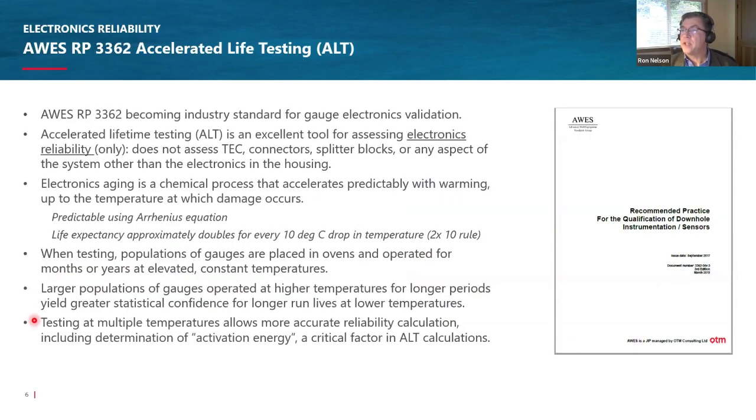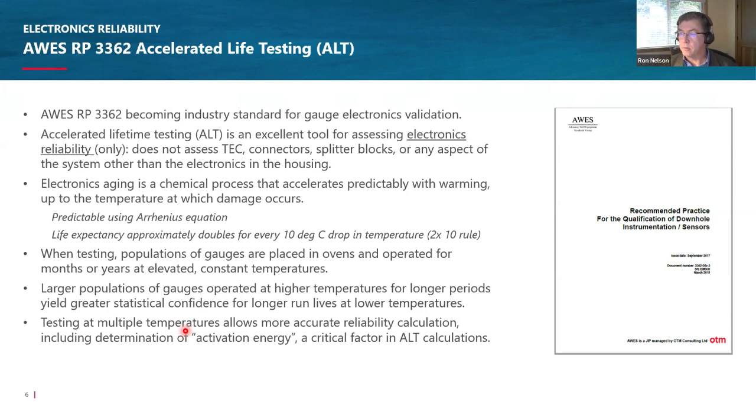I won't dwell on this page too long, but there is an industry standard out there, this AWS RP3362, that you can use to evaluate electronics reliability. And again, this is purely the electronics package. It doesn't look at cabling or connectors or any other aspect of the gauge. It will allow you to assess how long those electronics can last in your well at your operating temperatures.